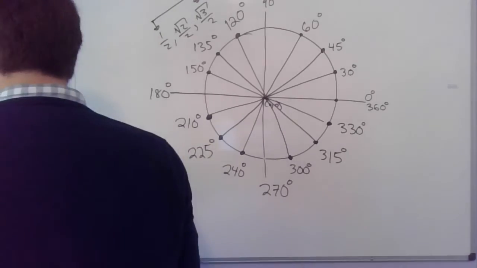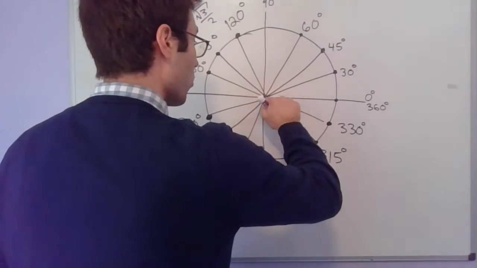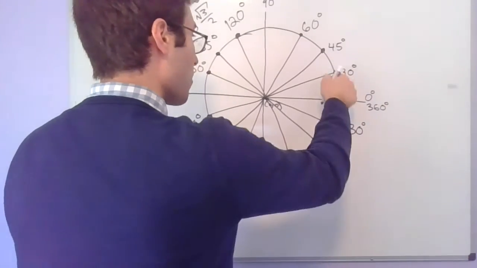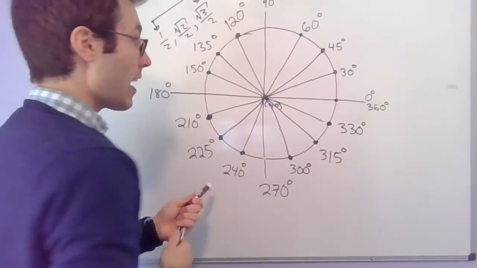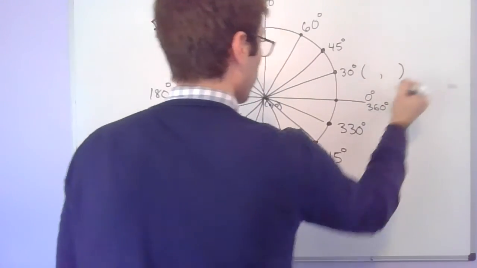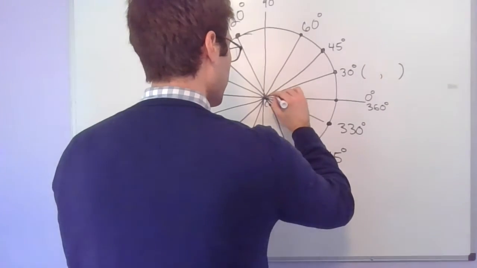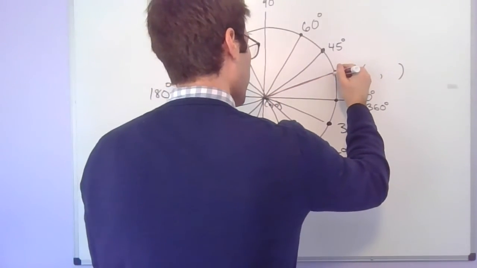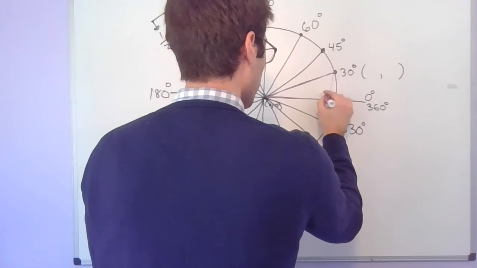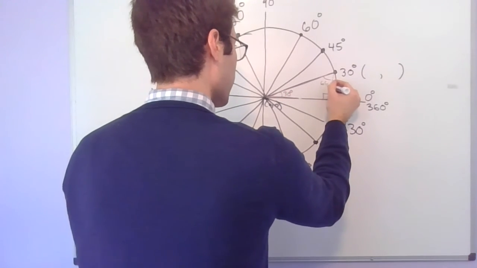So if we look at our first value right here, so this is 30 degrees, and we're wanting to figure out what that point is as far as an x coordinate and a y coordinate. So it's going to have an x coordinate and a y coordinate. Well, if we think about a triangle right here, if we're 30 degrees up, this was a 90, this was 30, this was 60.